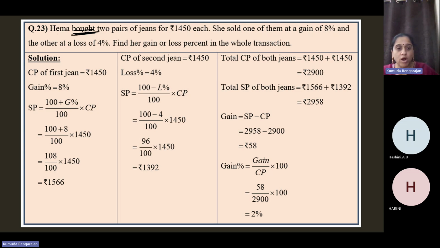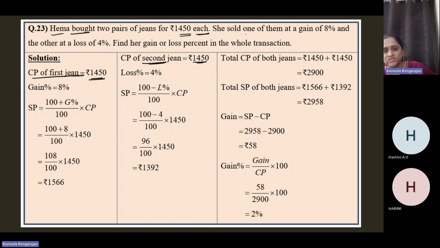So the cost price of each pair of jeans is 1,450. So CP of the first jean is 1,450. The second one also is 1,450 because each.